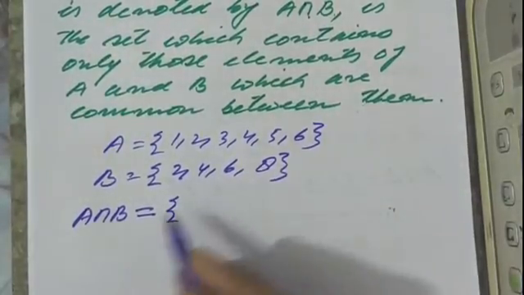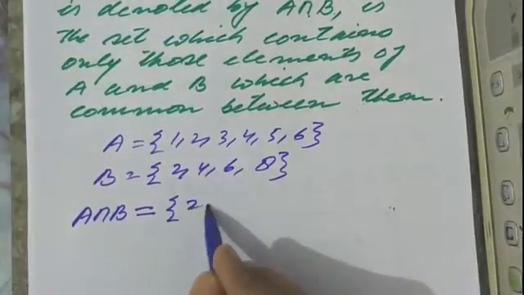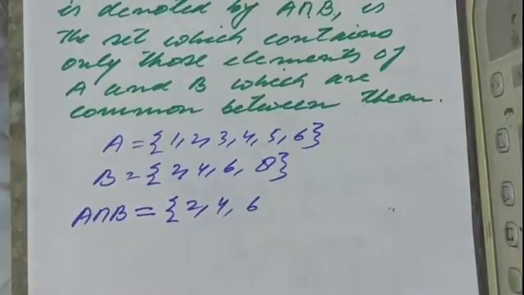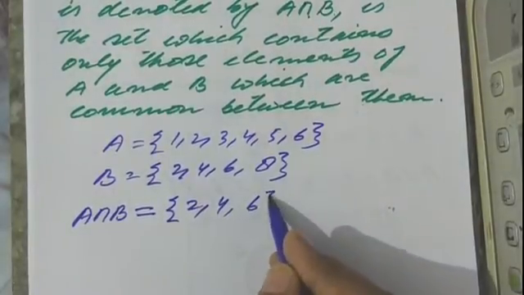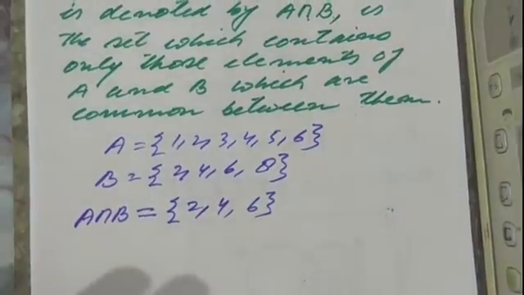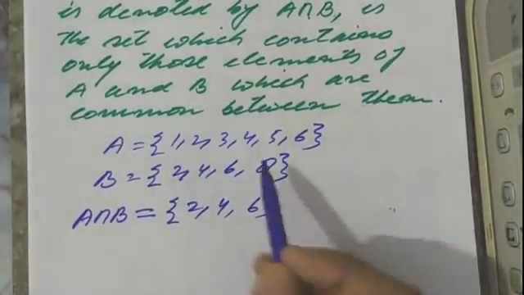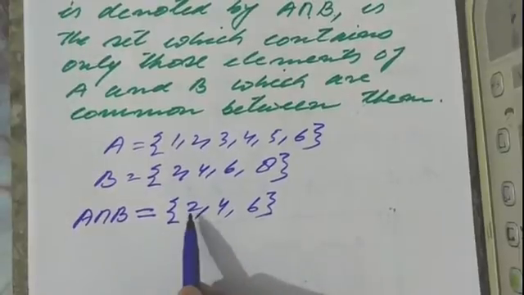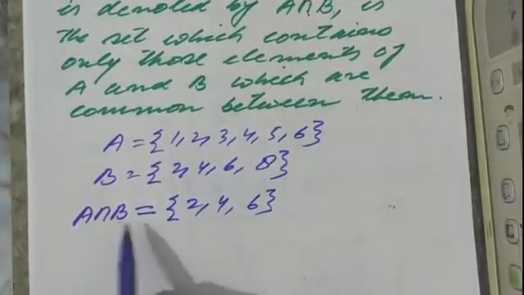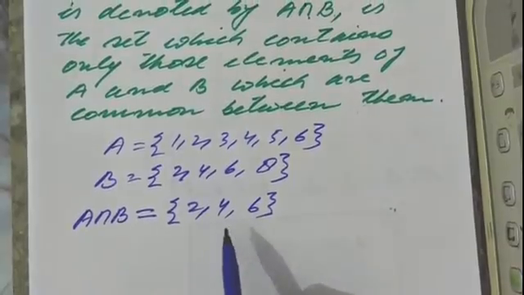So 2 is common, we write 2, and 4 is common, 6 is common, and nothing else. So we exclude all the uncommon elements between A and B, but we take only the common elements. There are only 3 elements which are common between A and B, 2, 4, 6. So A intersection B is the set of 2, 4, 6.